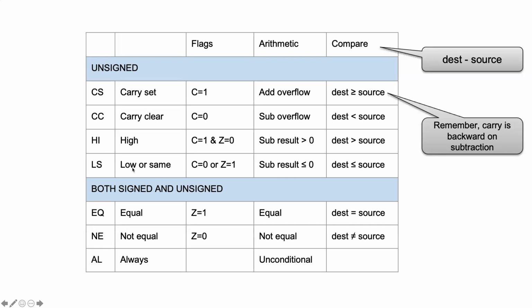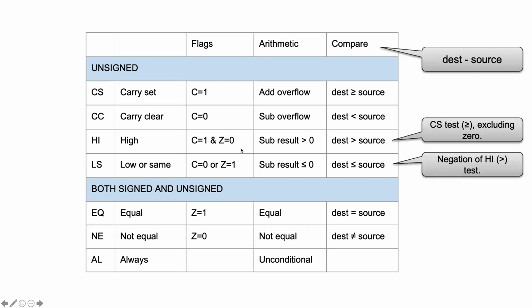So if the dest is strictly greater than source, that's the same as greater than or equal, except excluding the 0 condition. Sorry, I've got slides for these. And the other one is just the negation of that. So as long as you can figure out one of these, the rest of them kind of follow naturally.